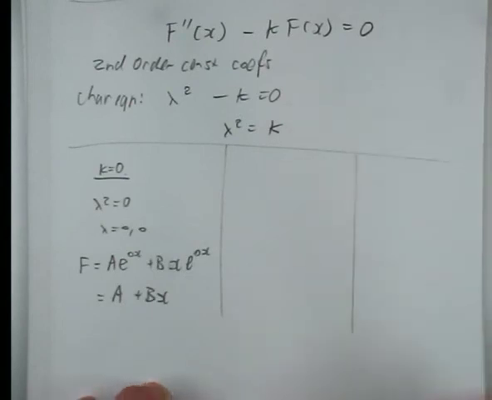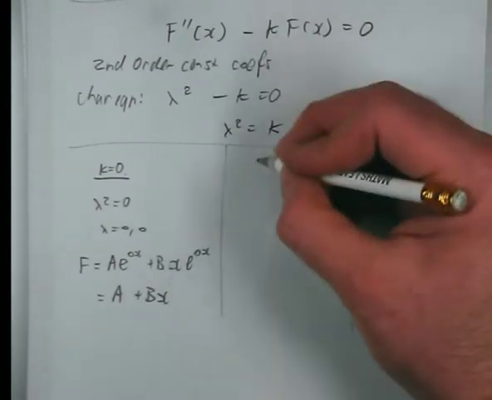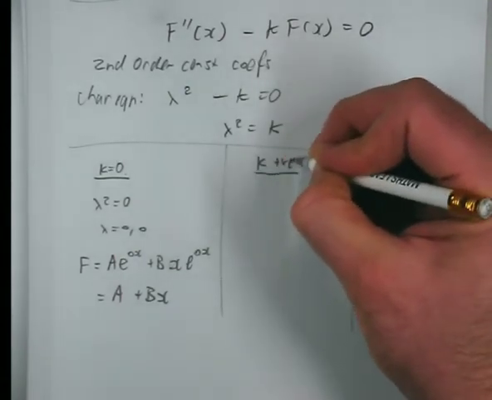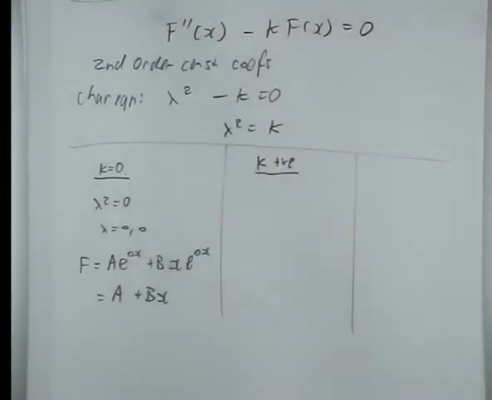I don't know if I'll have enough room to do all of these. If k is positive, it might be something squared, which would be a nice way to do it.